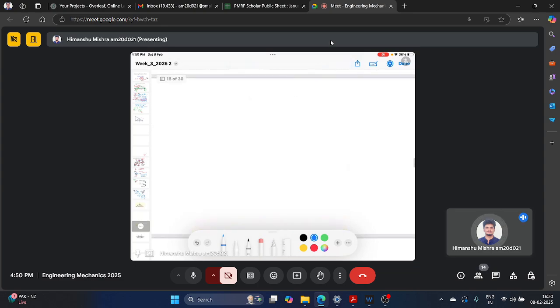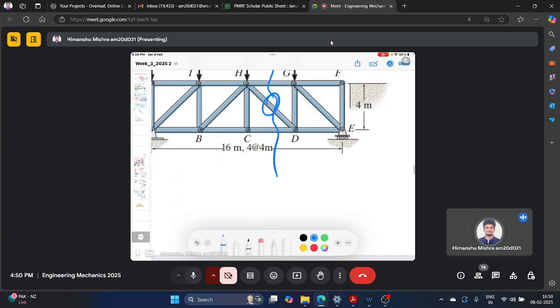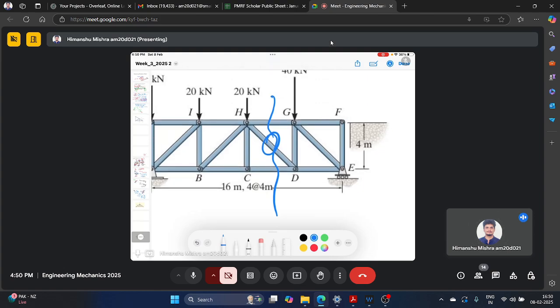For example, let's say in this truss we need to calculate the force in this member, then we will cut this system along with this member, and when we draw the free body diagram we will draw it only on those members in which we make a cut.